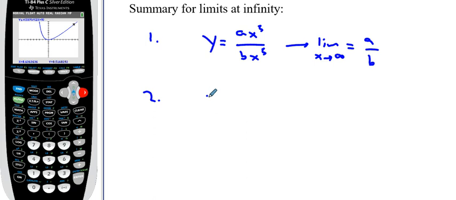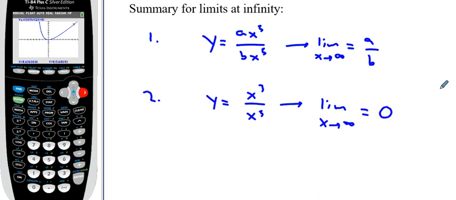Second case, if we have y equals, and let's say we have x to the 3rd on top and x to the 5th on bottom. If the greatest power on top is smaller than the greatest power on bottom, then the limit as x approaches infinity is equal to 0.